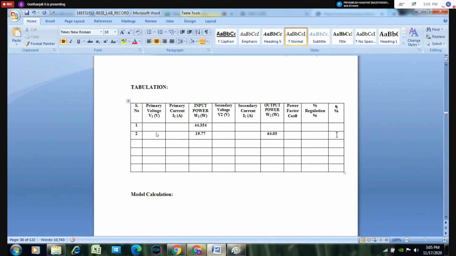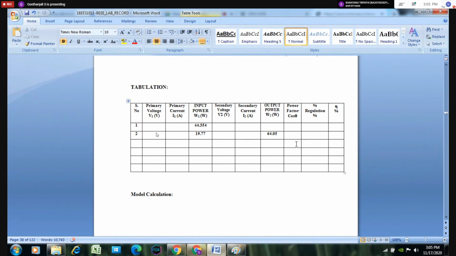Then regulation. Now you tell me the efficiency. Output divided by input. The output power is 64.05.